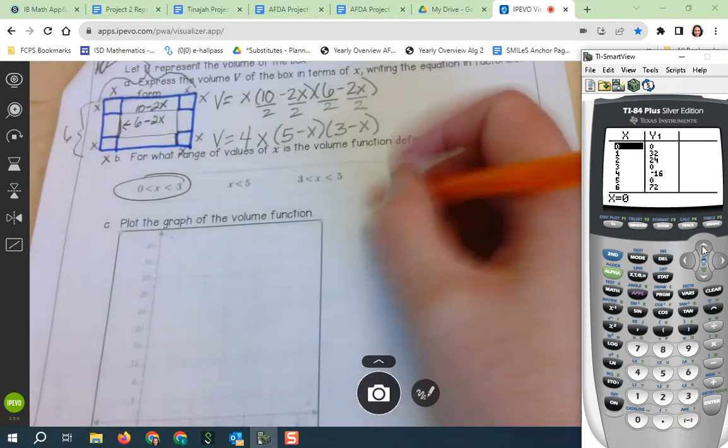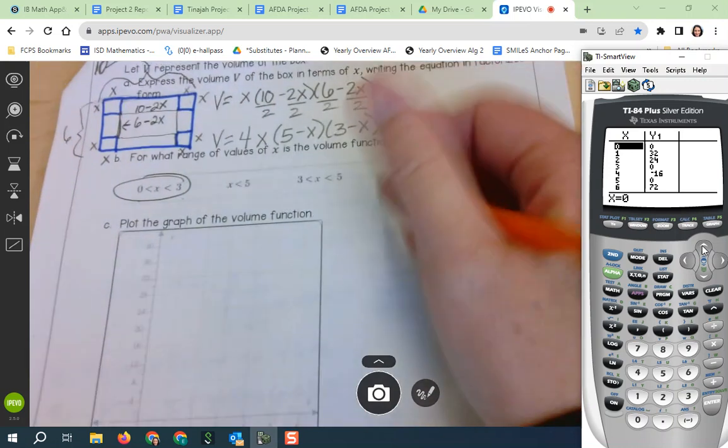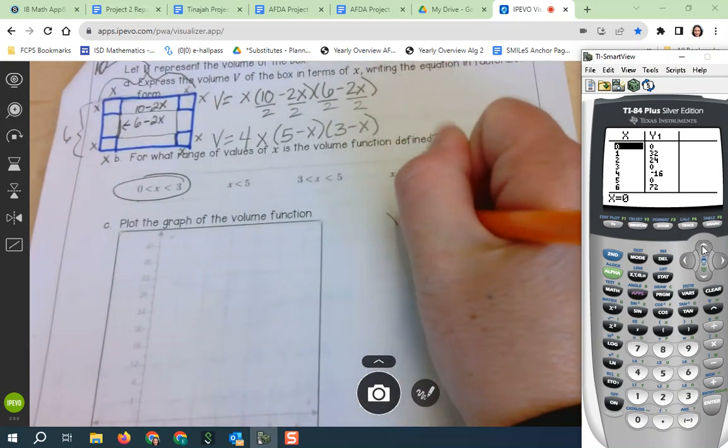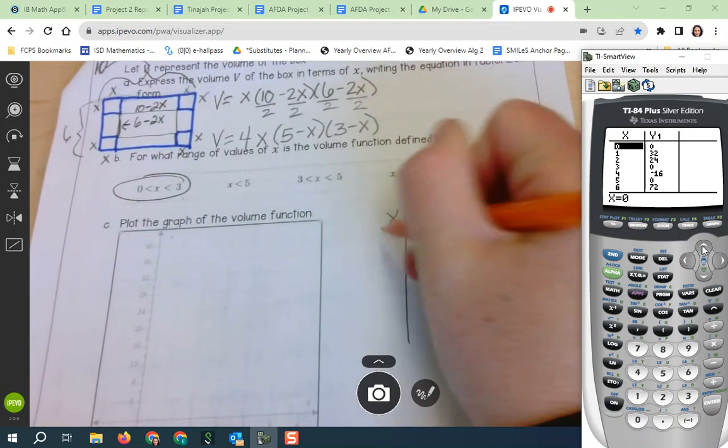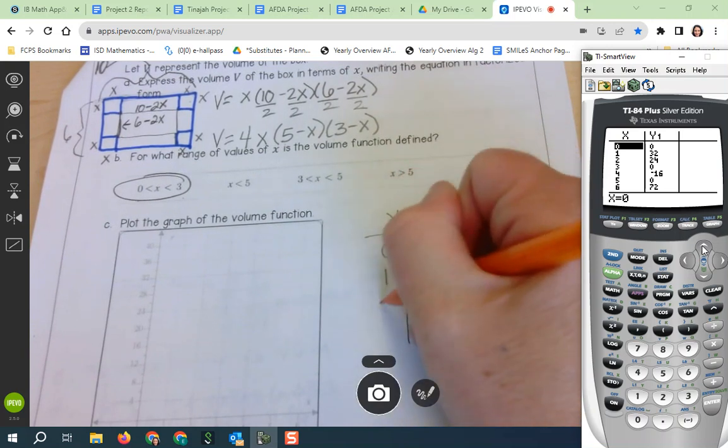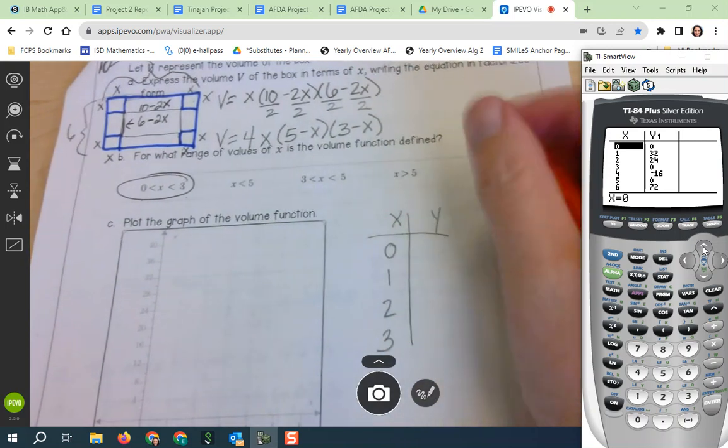All right, so even though we're not including 0 and 3, those are endpoints, so I'm going to include them in my table of values. So 0, 1, 2, and 3, I'm going to put in there.